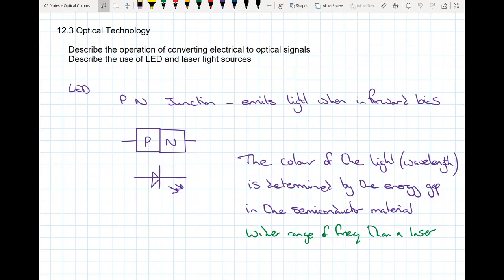It emits lots of different colours. The P and N type materials we will come across in the next subtopic. Our P type material has a deficit of electrons in the outer orbit, and the N type material has a surplus of electrons in the outer orbit.